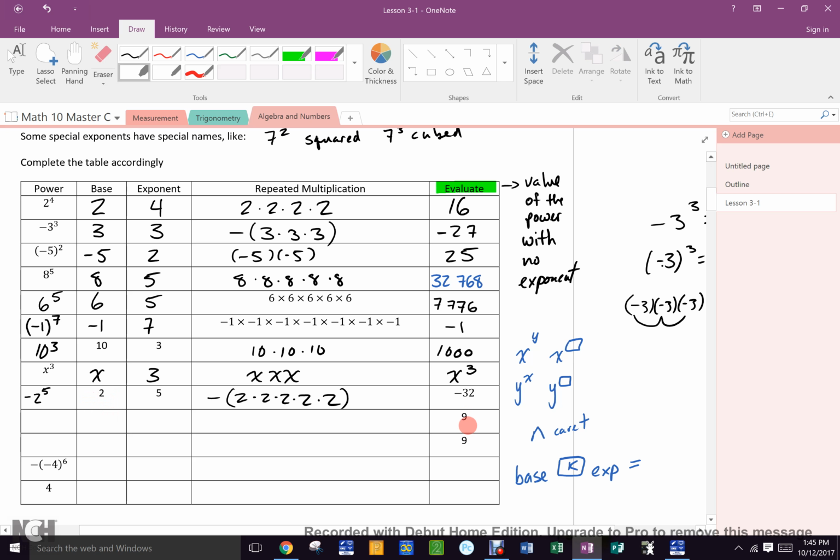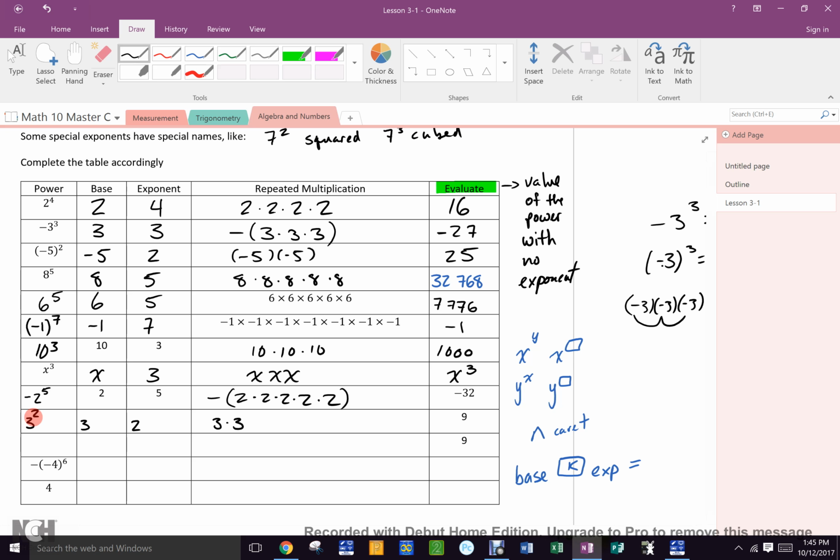Nice. Now, the next two are kind of tricky. The value is 9. What can I use to make 9? I could use 3 times 3, which would mean my base would be 3, my exponent would be 2, and my power would be 3 squared, yes? Is there another way?